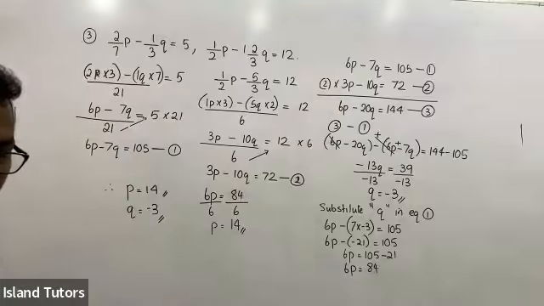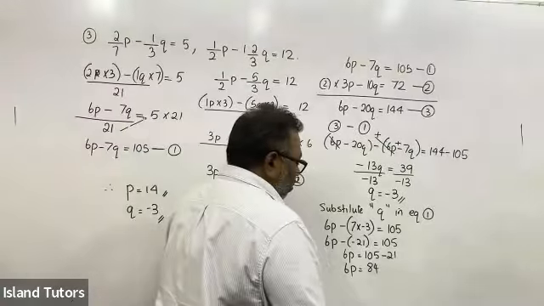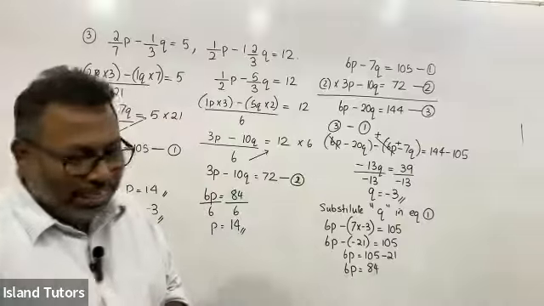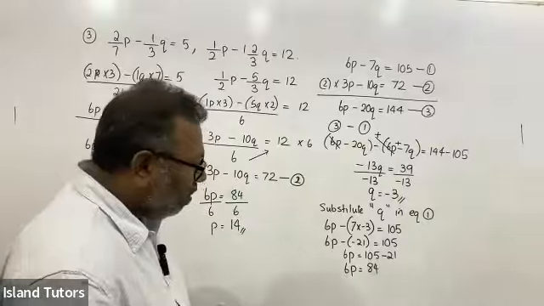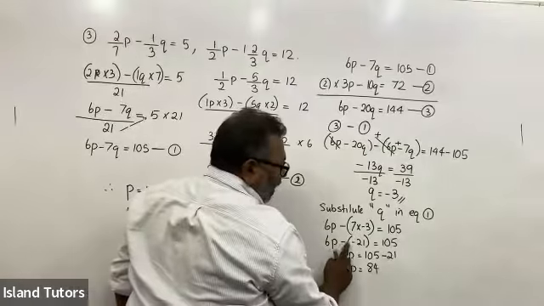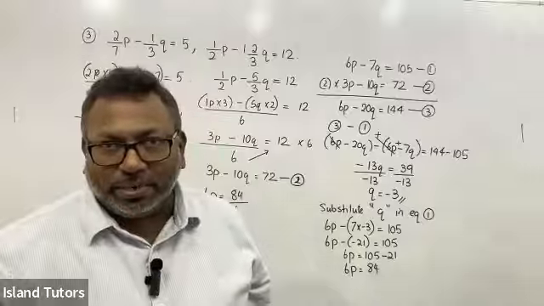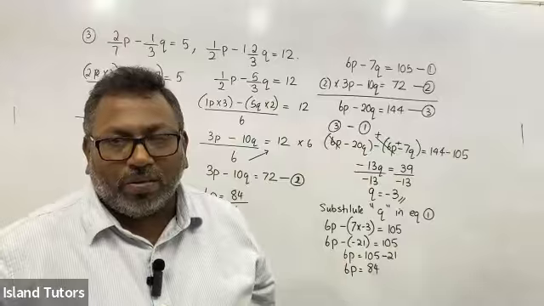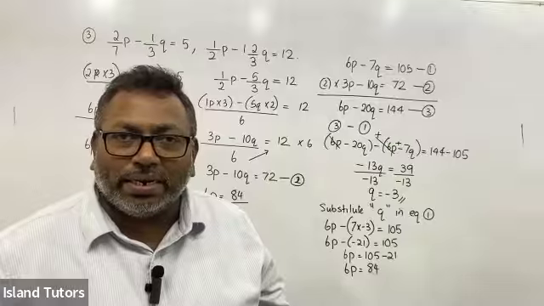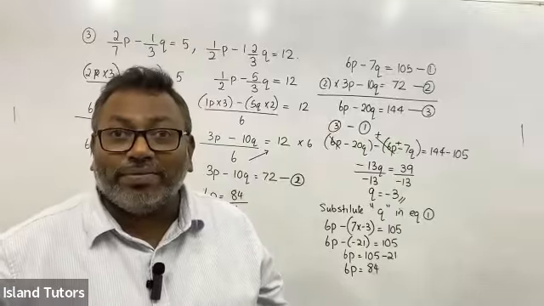Why, sir, the minus 21 will be that side? Means it's become plus now, sir. No, no. See, guys, the problem here is, I'll tell you why. 6p minus minus means you have to add it, isn't it? When you subtract directed numbers, you have to add the additive inverse.